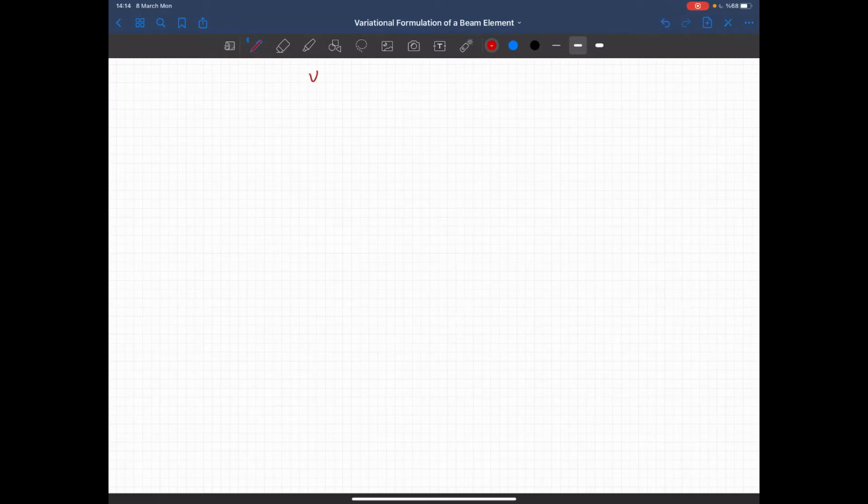Today we will be talking about the variational formulation of a beam element. So we will be talking about the classical beam theory, which we will discuss the main assumptions.